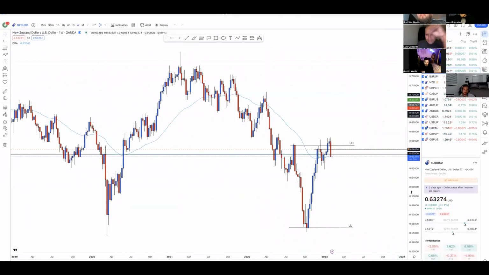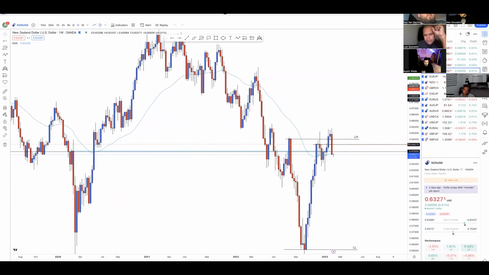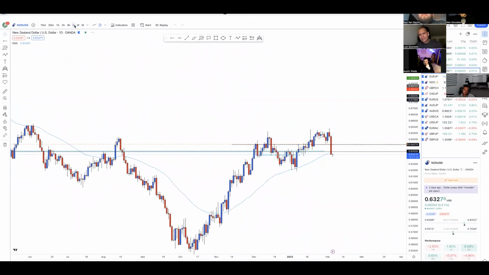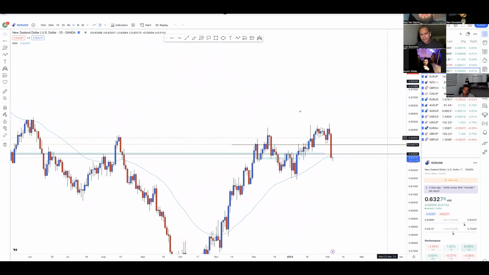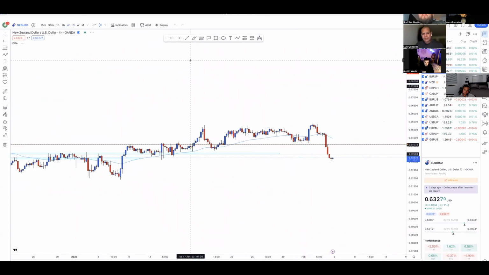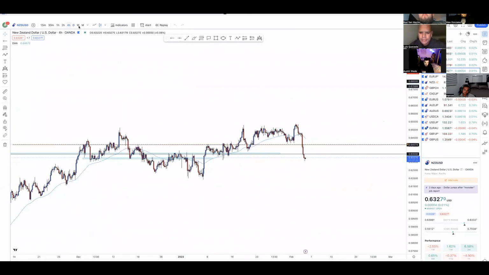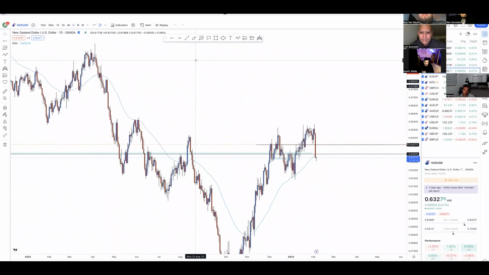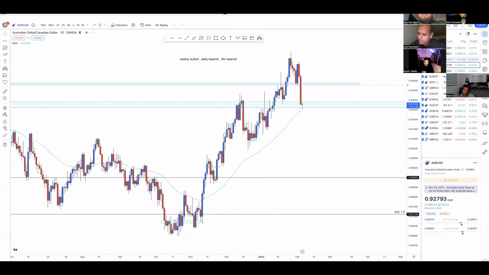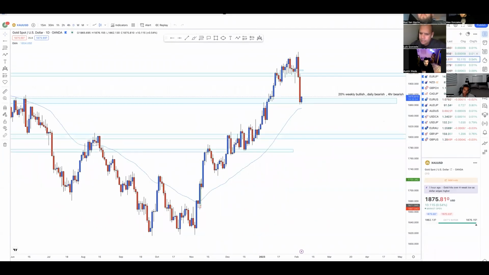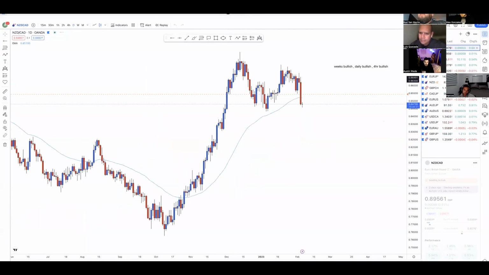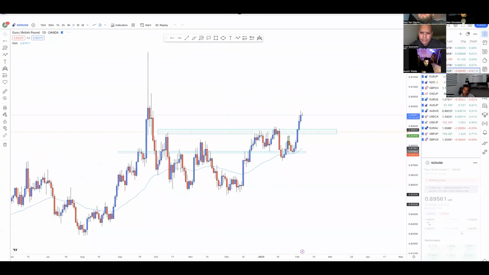NZD USD. Oh, is it AUD? Okay, I'll check it out. So NZD USD, we got the weekly, we got the daily bearish, and then we got the 4-hour. Bro, this looks literally the same as a pair I was just doing right now. Okay, whatever. It's the same thing.